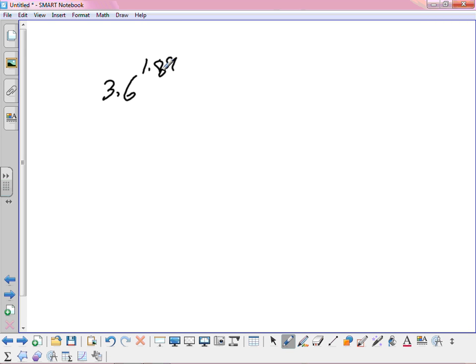So really can't think of it that way. But the rules, whatever that is, the rules of exponents apply. So if we multiplied this times 3.6 to the 1.01, we could combine that as 3.6 to the 2.90. So the exponent rule still works. Add the exponents, right, if the base is the same.